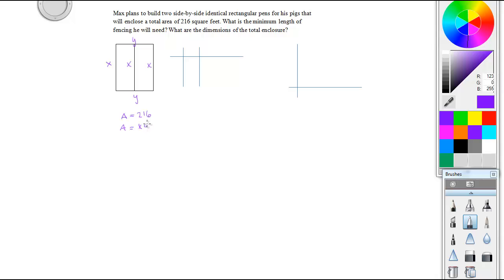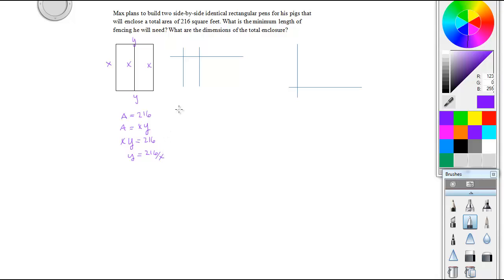So area is x times y, the total area of this shape. So we know that the area in this problem is constrained to be 216. X times y must be 216, and we will need to have this variable y isolated to help us in the rest of the problem. So I'm going to do that now.